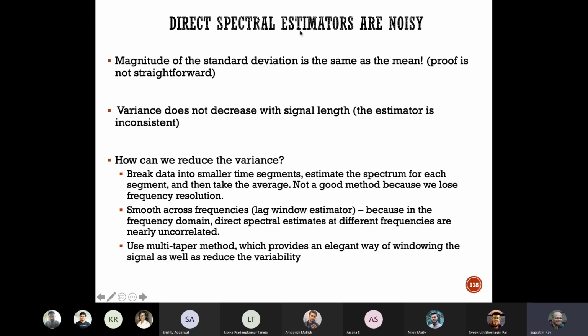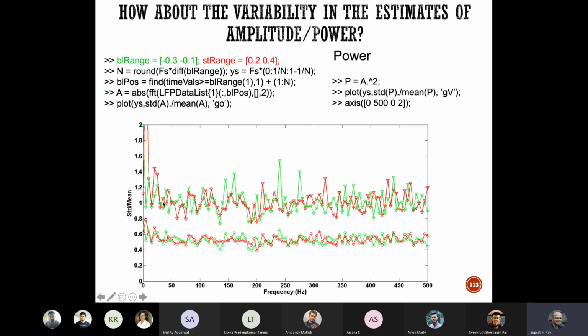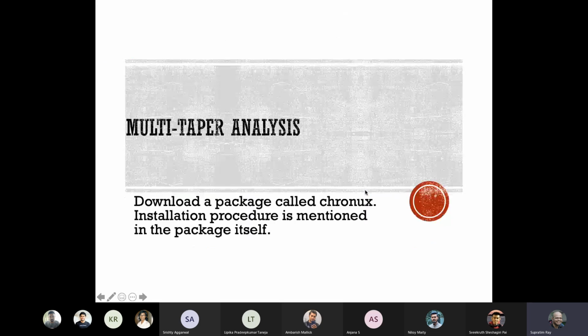Any direct spectral estimator is noisy, and the standard deviation is as high as the mean, so that the standard deviation divided by the mean is 1. Right now I'm talking about the spectral estimator, the square of the amplitude, so the power spectrum. I'm not telling you what the proof is, because the proof is quite hard, but just take my word for it. I actually showed you this here, that the estimator has a standard deviation equal to the mean, so that the ratio is just 1.